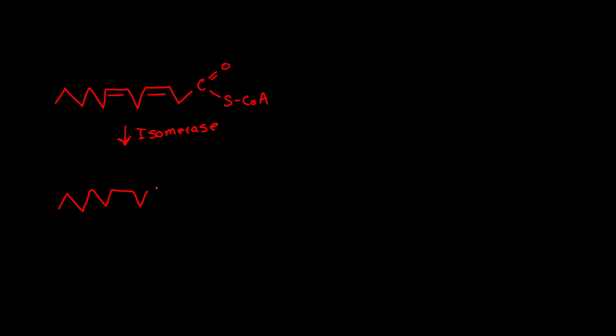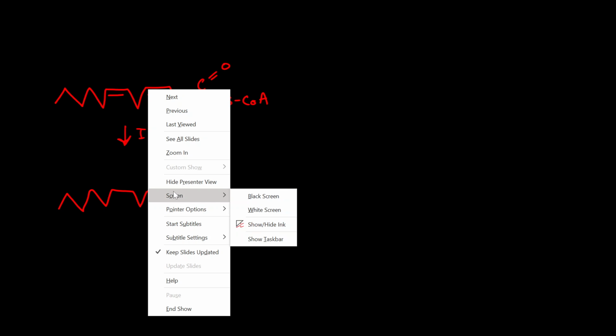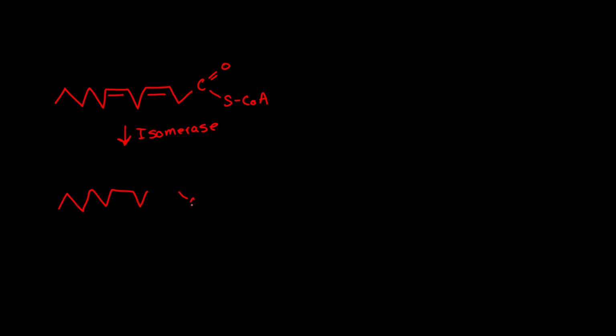All right, if it is a polyunsaturated fatty acid, so it has more than one double bond in it, the isomerase is going to function again to give us the trans double bond here.